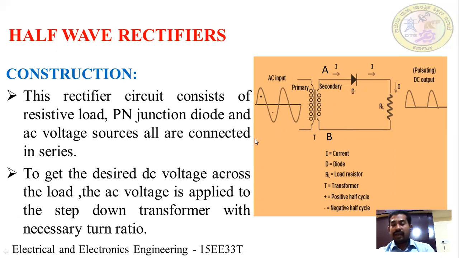To get the desired DC voltage across the load, the AC voltage is applied to a step-down transformer with the necessary turns ratio.